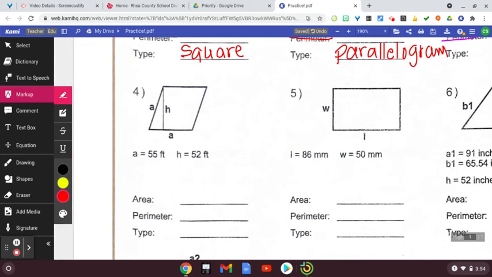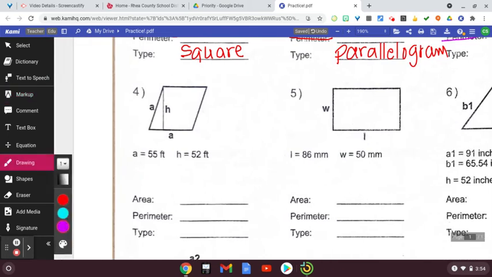Now, number 4, you're going to see is very similar as well. This is a parallelogram as well. But to be more specific, it's actually called a rhombus. Now, rhombuses are like squares, and I can see that because A and A right over here are the same variable.